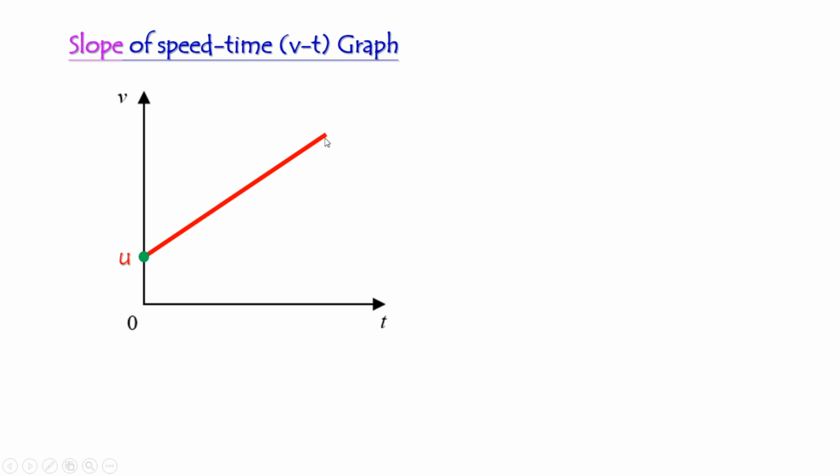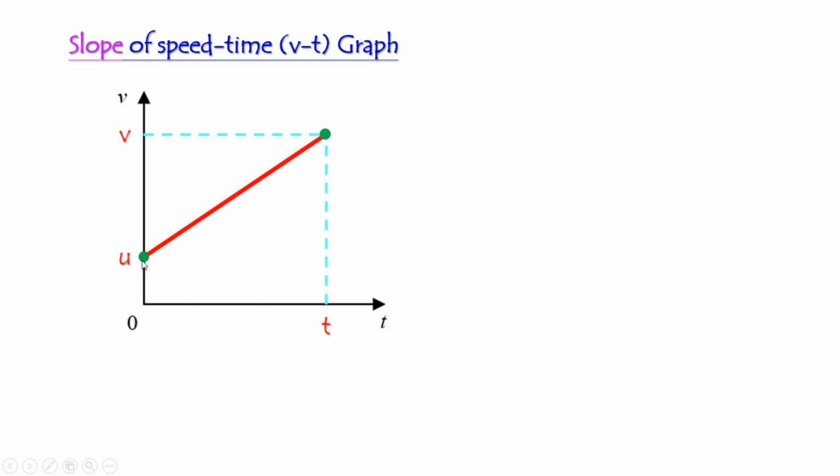And what is the physical meaning of this value? Okay, it is the speed of the object at time equals t, or at the last part of the journey, the final speed. So it is the final speed of an object. Is it okay?